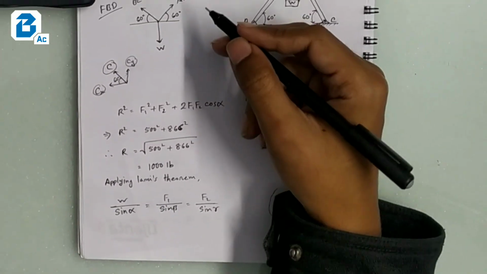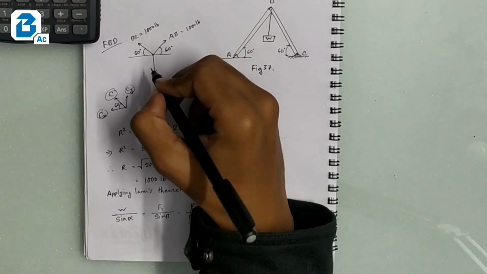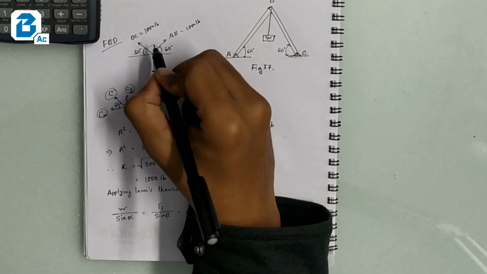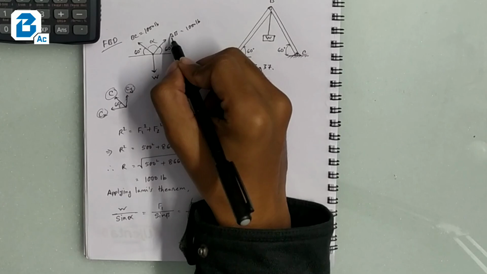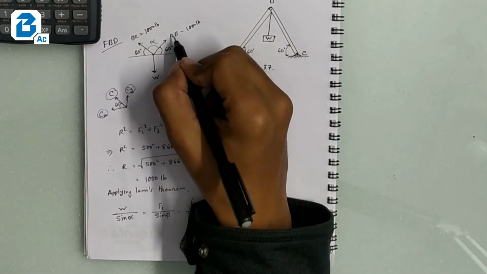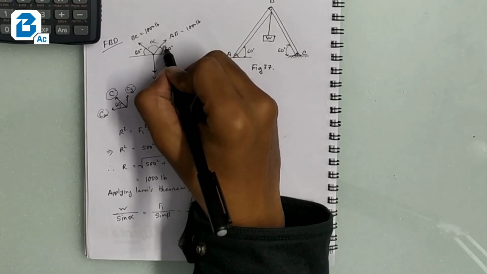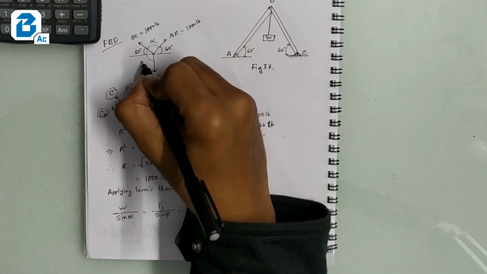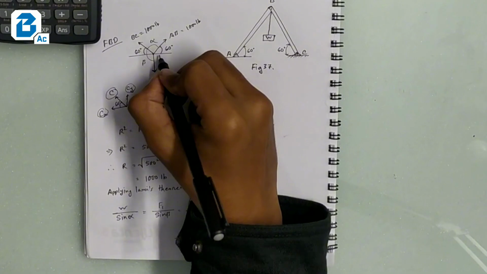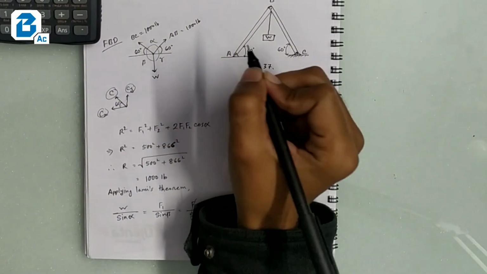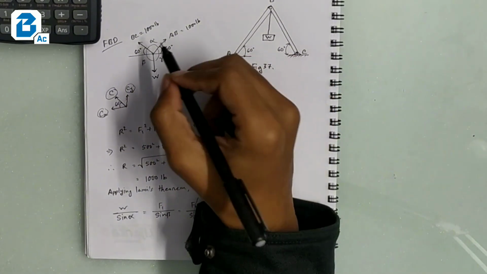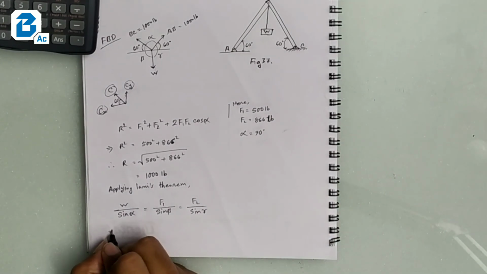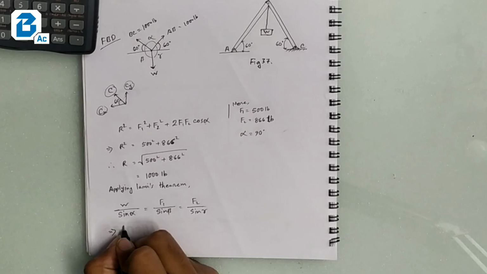Here in the free body diagram we can show it this way. W is pulling downward, so the alpha angle will be this one. And for AB and W, this will be the beta, and for BC this will be the gamma. So we can choose either because both are the same. So let's take only one and write it down here.